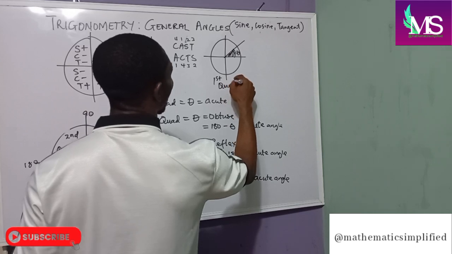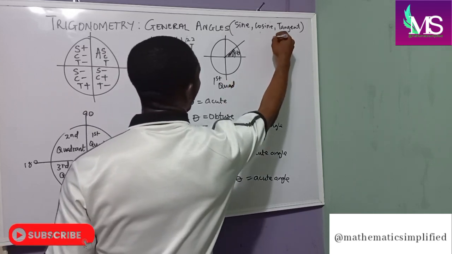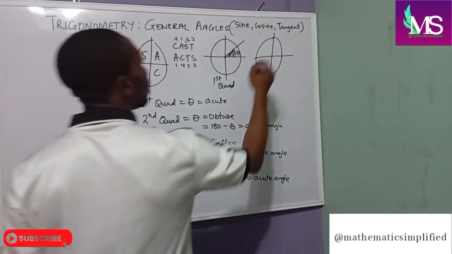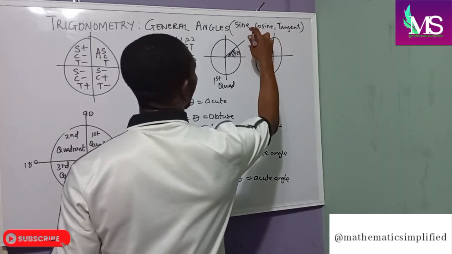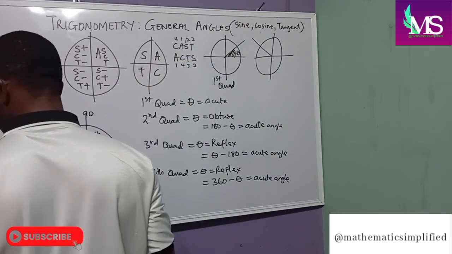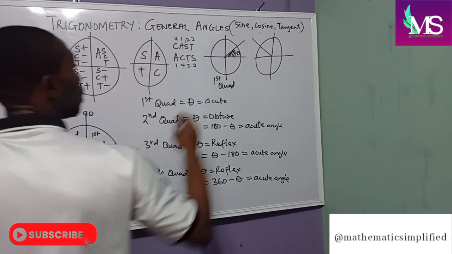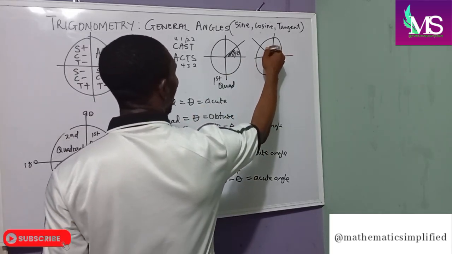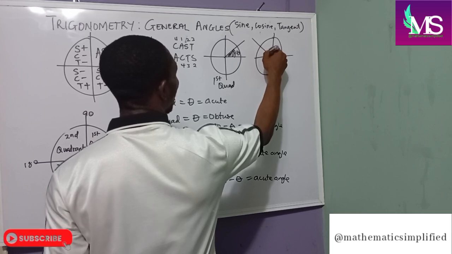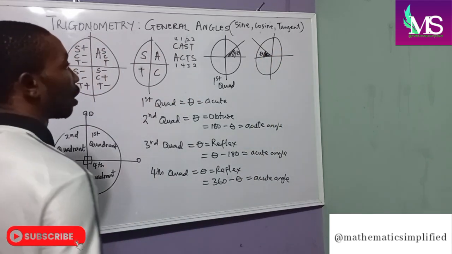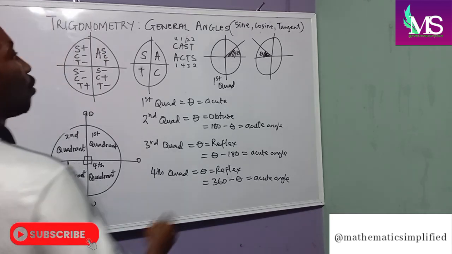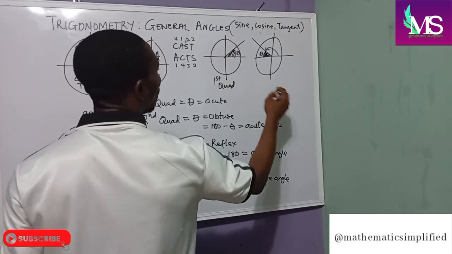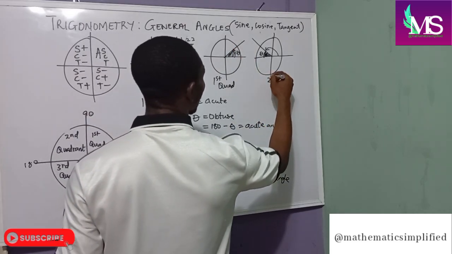That's our theta in the first quadrant. Now, in the second quadrant, since we are doing 180 minus theta, our acute angle will be this. Our acute angle for the second quadrant is this. Now, remember that we are taking our angles from here.